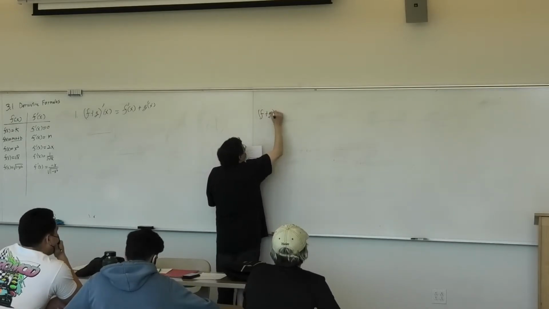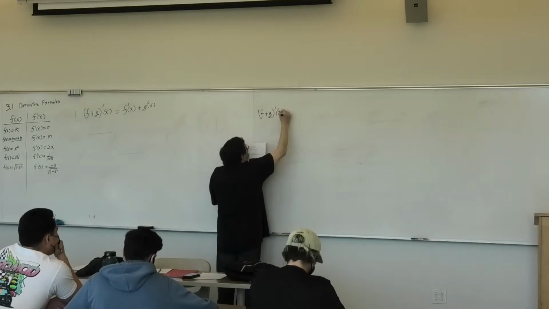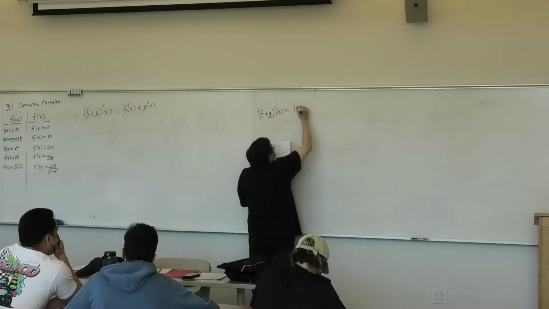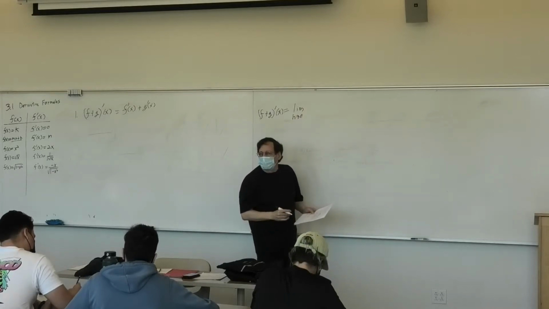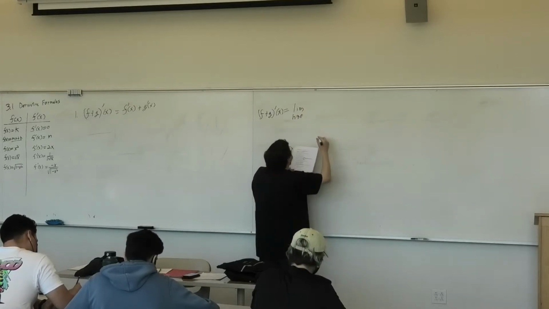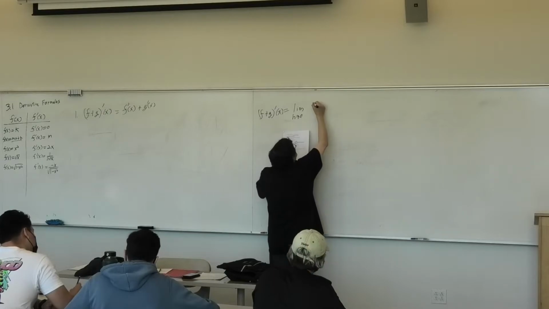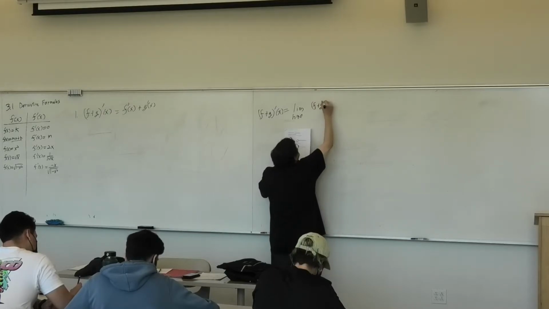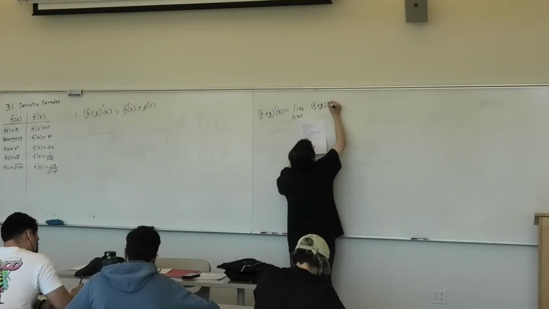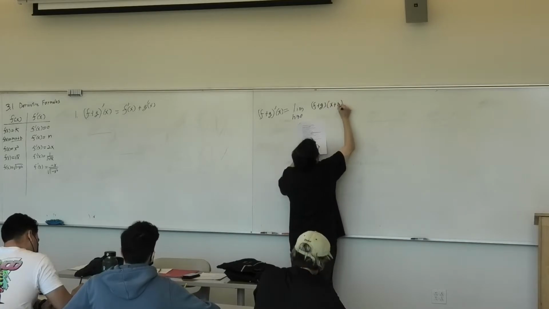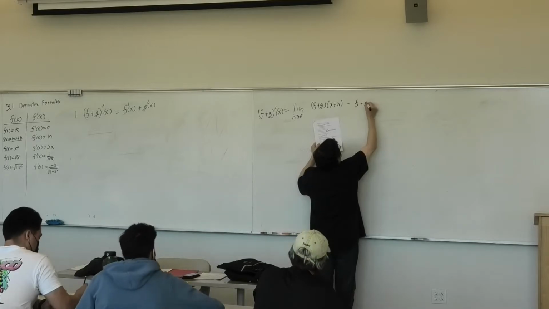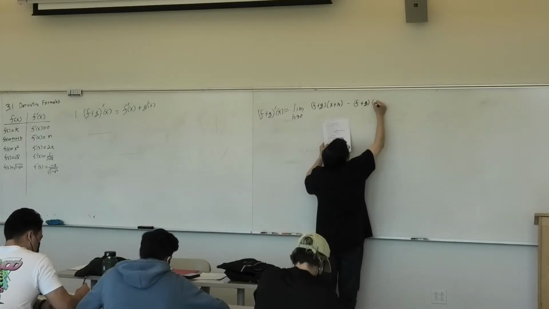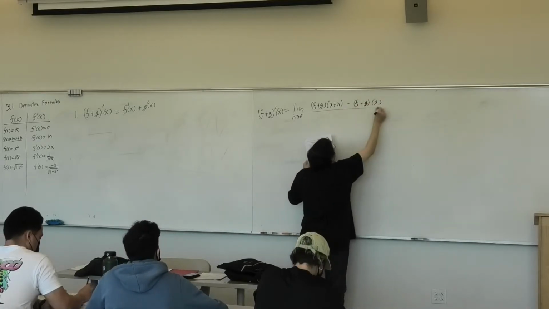f plus g prime of x is the limit. This is a real easy limit proof, so don't panic. f plus g of x plus h minus f plus g of x over h.